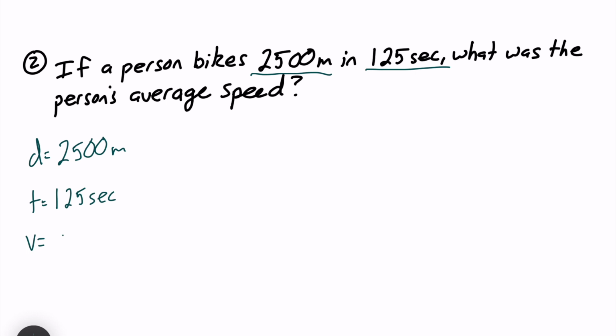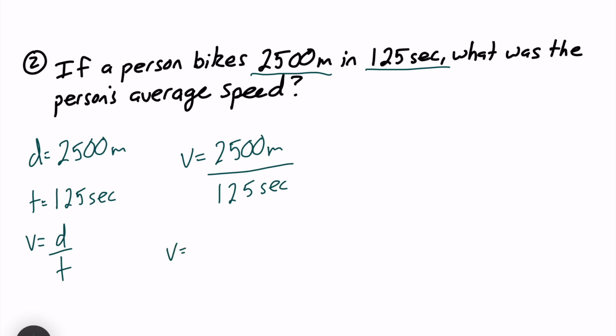So we can just use that same equation, v equals d over t, and plug in exactly what we know. So we know 2,500 meters over 125 seconds. We will type that into our calculator here and see what we get as an answer. What you should get is 20 meters per second.